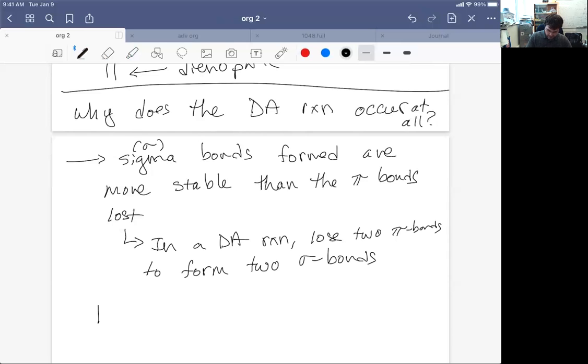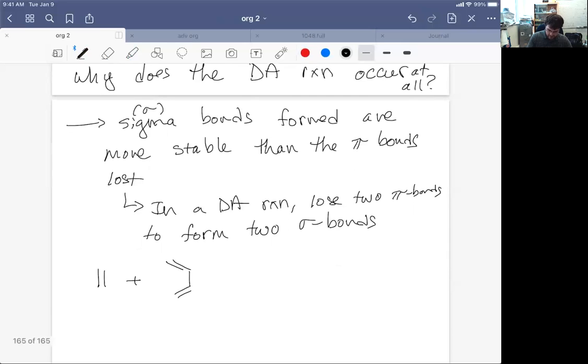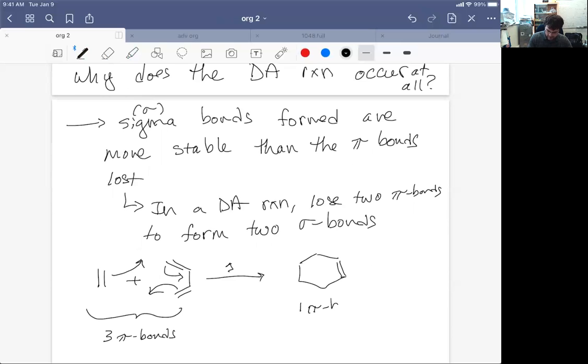Now, if we look at our starting materials, our dienophile and our diene shown, we've got collectively 3 pi bonds. And then when the reaction proceeds, so I can show the mechanism, when the reaction proceeds and we relax the geometry, we now have 1 pi bond and 2 new sigma bonds.